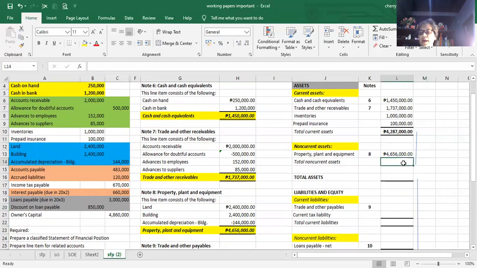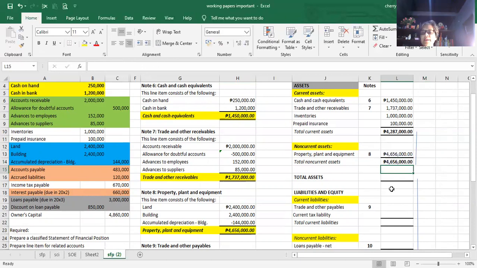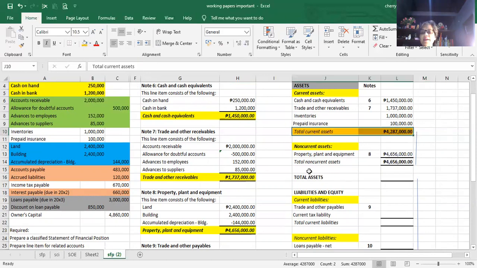So we are going to use summation or auto sum. Then you will get the total assets by adding the current assets and non-current assets. So total assets equals current assets plus non-current assets.